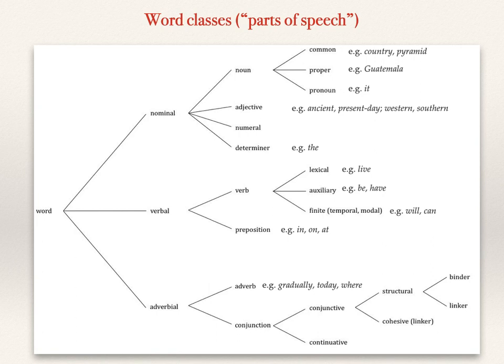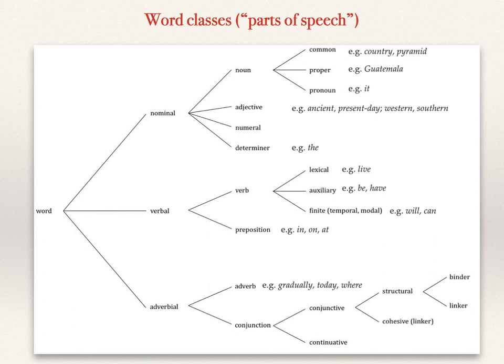I've given you some illustrations here of word classes. So nouns, for example, taking the classification one step further in detail or delicacy: common, proper, and pronouns. Common: country, pyramid, for example. Proper: Guatemala. Pronouns: it, they, he, she, I, you, we, and so on. Adjectives, for example, ancient, present day.